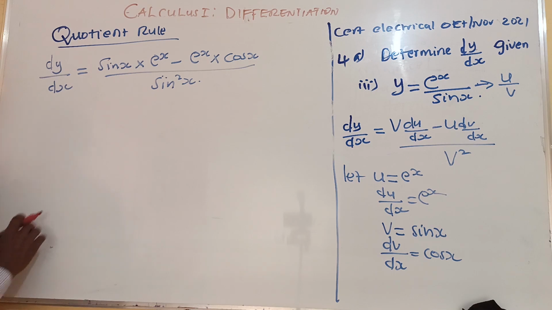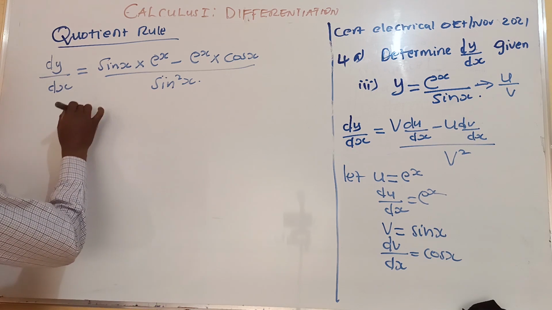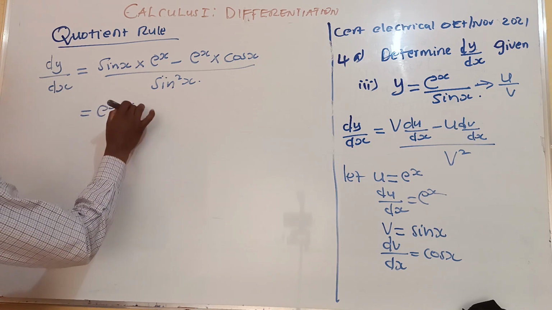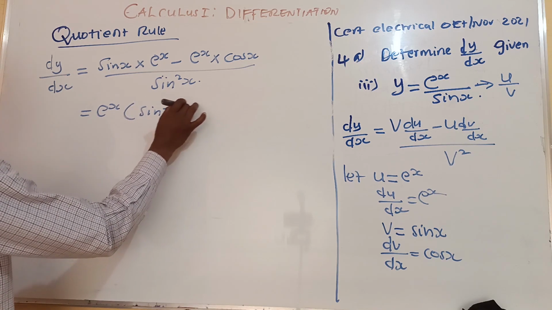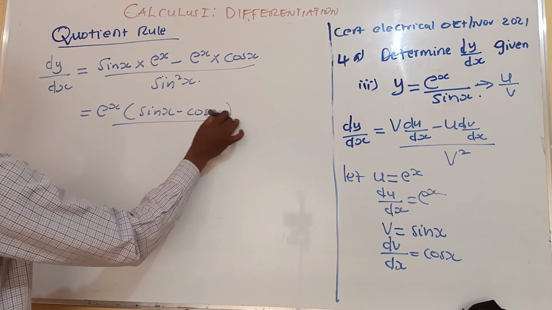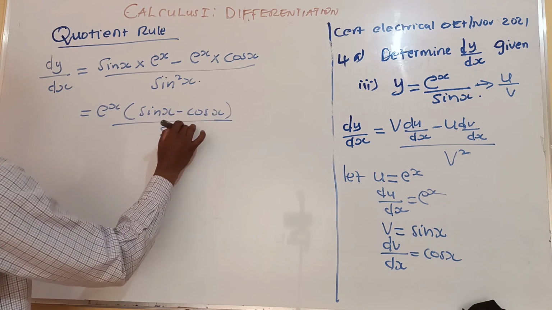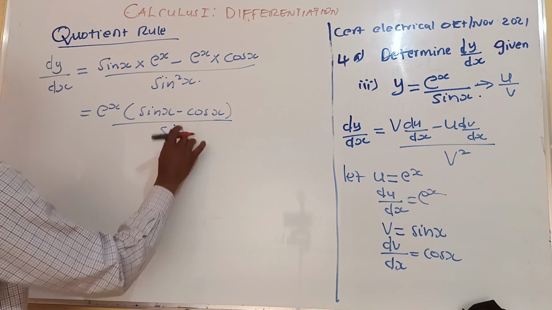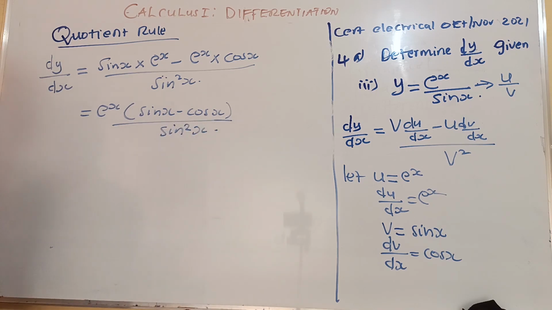If you factor out, what do we factor out now? Exponential x. This is exponential x, sin x minus cosine of x, all over sin squared x.